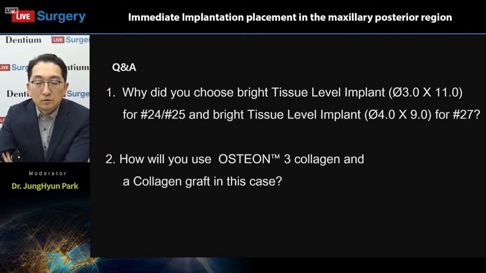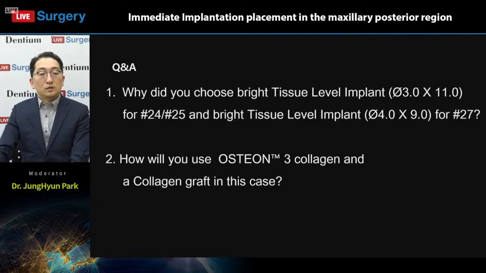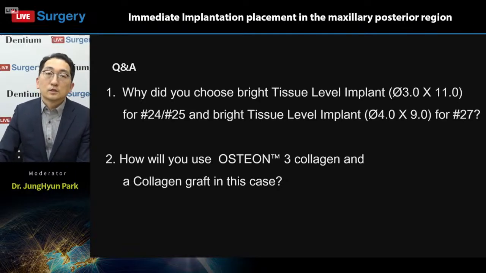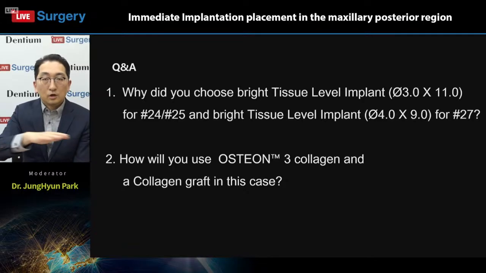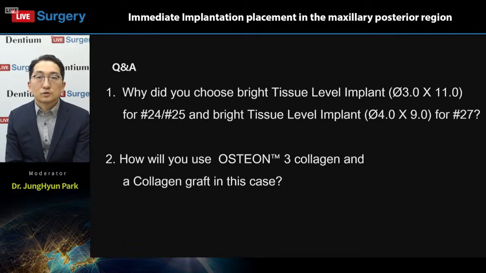It makes GBR easier because the handling of the bone graft is easy, so I prefer it. And the collagen graft, I use in this case to cover the bone graft in the extraction site after immediate implant placement.